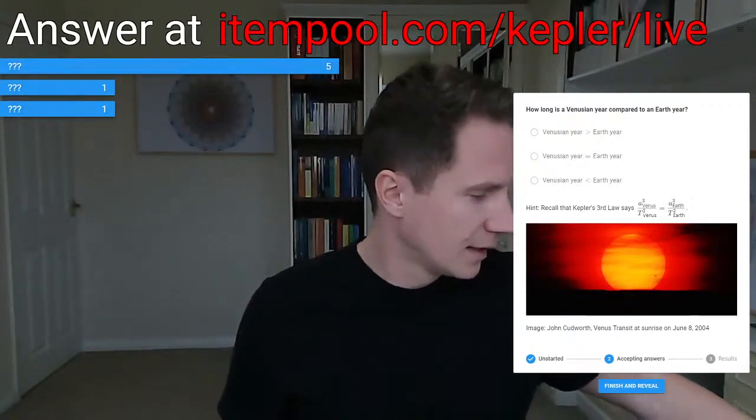So this is a photo taken from Earth, of course, about the Venus transit. So I'm curious to see if you understood Kepler's laws. You should be able to answer this one correctly.